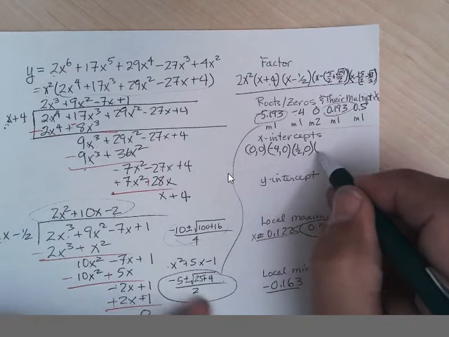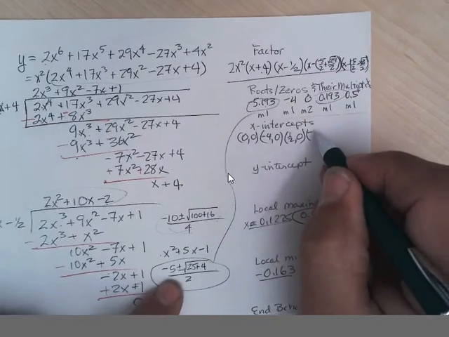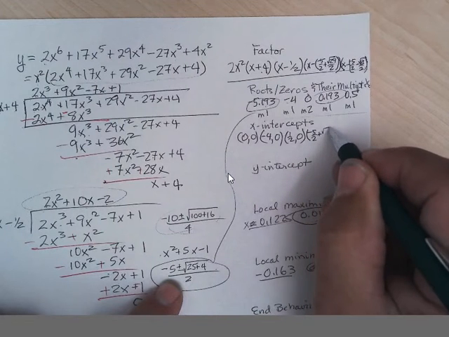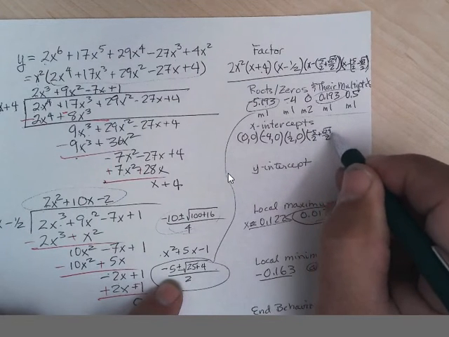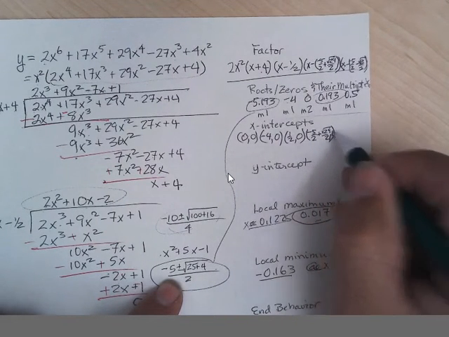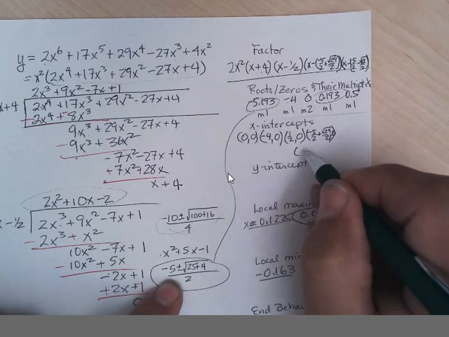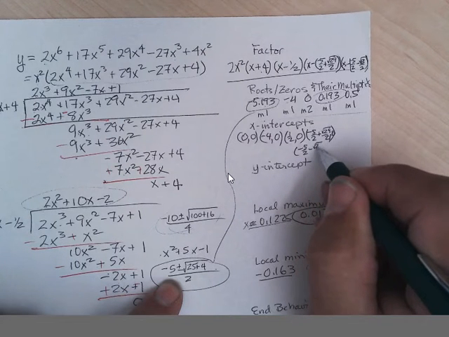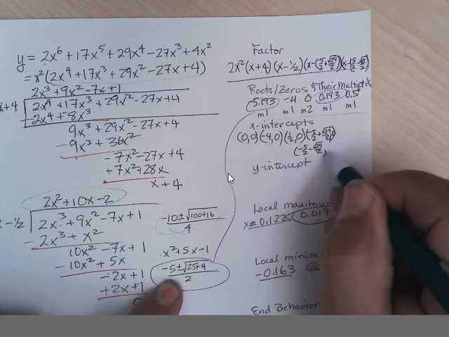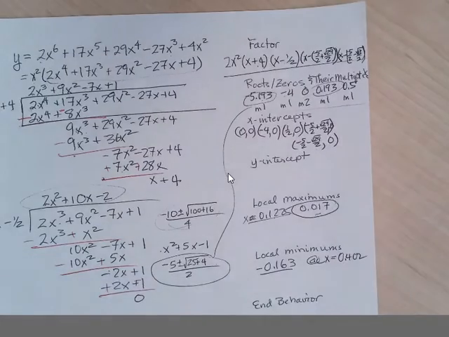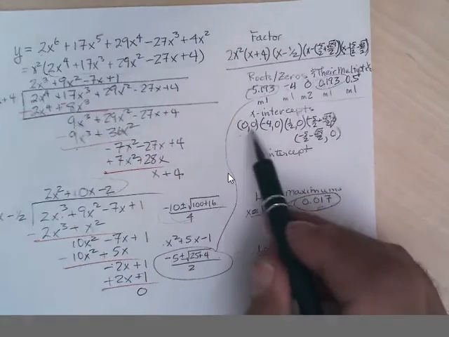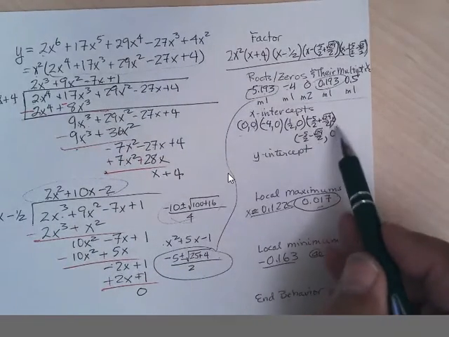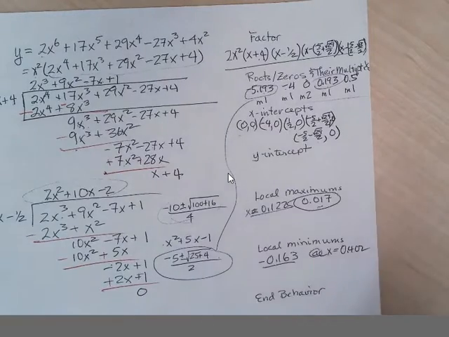And negative 5 over 2 plus the square root of 29 over 2 gave us 0. And the final one is negative 5 over 2 minus the square root of 29 over 2 gave us 0. So there's the x-intercepts. And they all should be written as points. And the y part, which should always be 0 because they're on the x-axis.